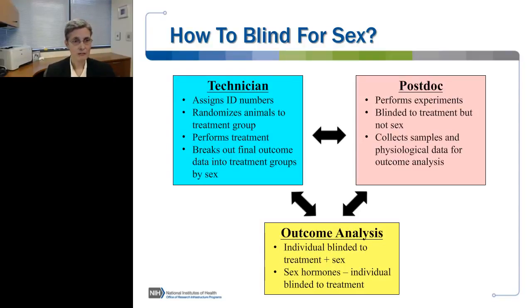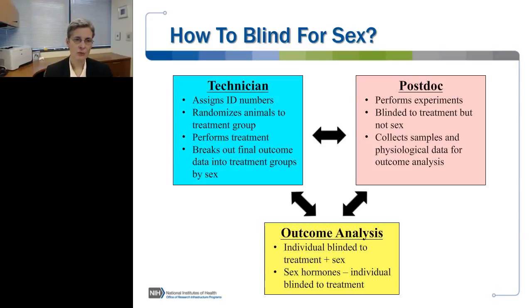They would collect the physiological data and the samples, and then those samples and physiological data would be handed off to the next person who would be blinded to both sex and to treatment and would do, say, for our example in our case, the infarct volume analysis, or would measure various analytes in the blood, or look at different compounds in the tissue. But they, again, would be blinded to the experimental manipulations and the sex.